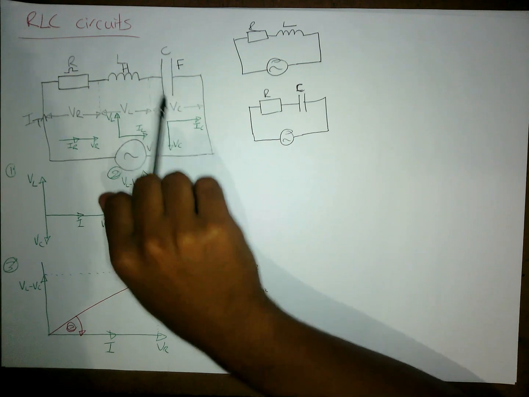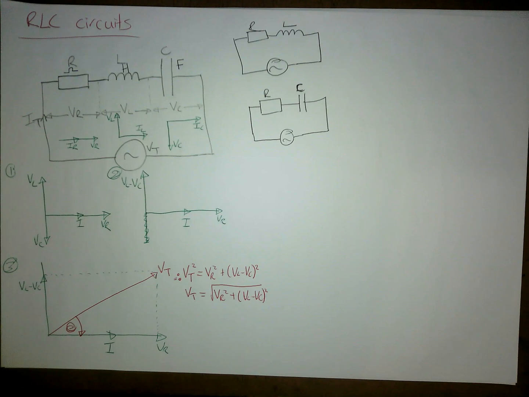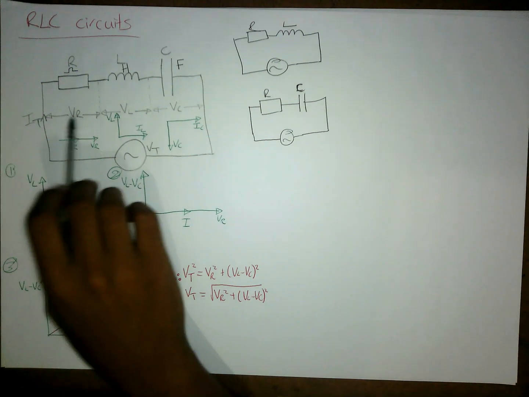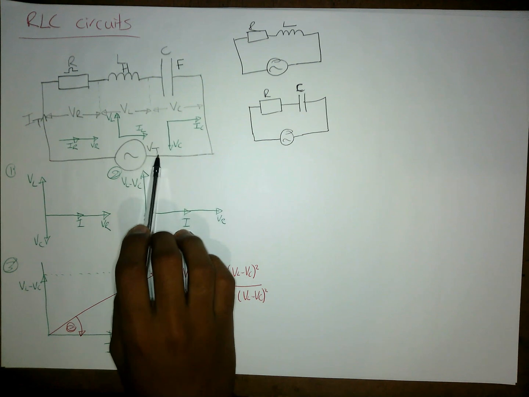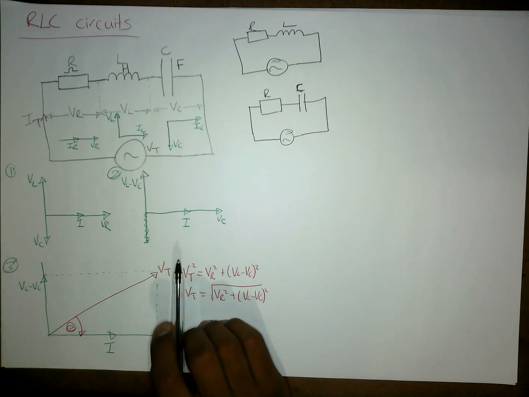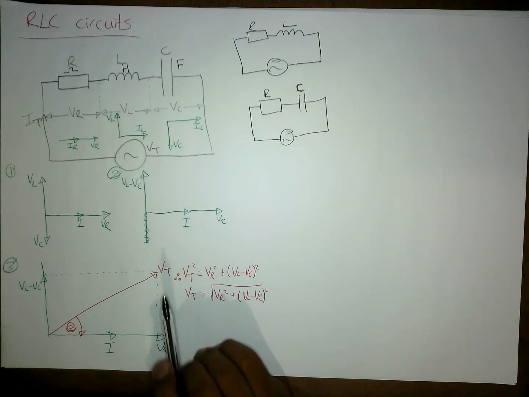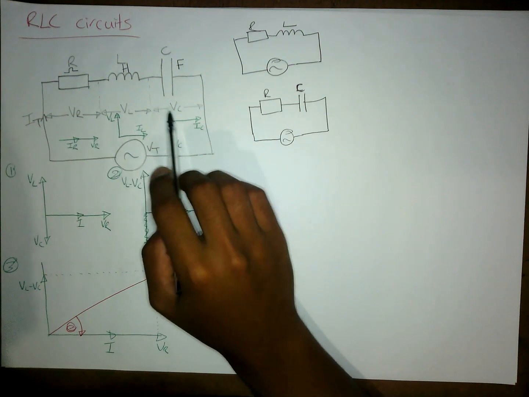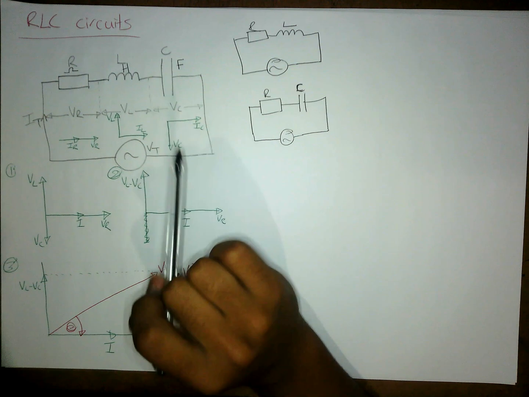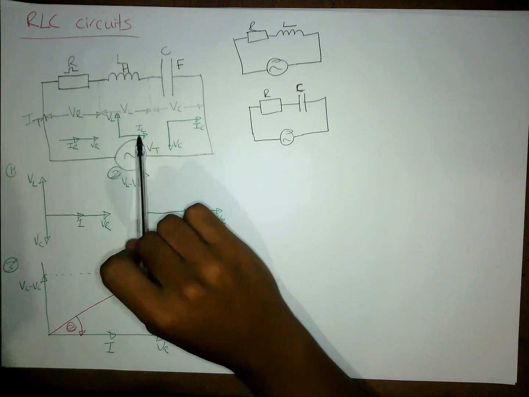The capacitor has a voltage drop of VC. And the sum of these voltage drops will give us our total voltage. No, not the sum, because each of them has its own phase angle, as you can see over here.